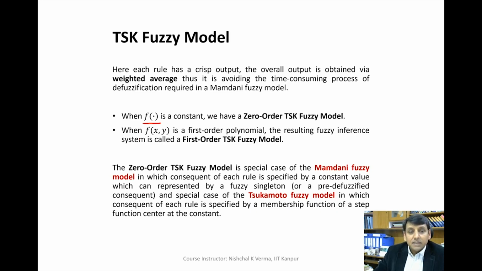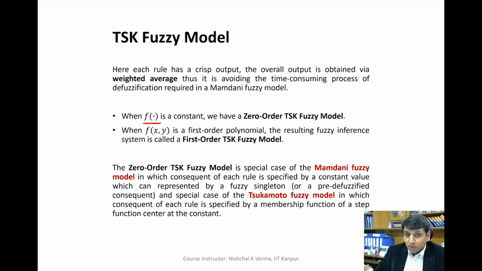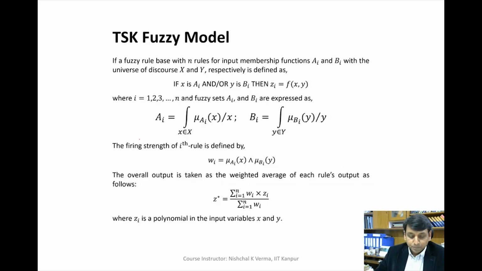And here in the zero order TSK fuzzy model, we see that f of x, y is a constant value, that is p0 here.